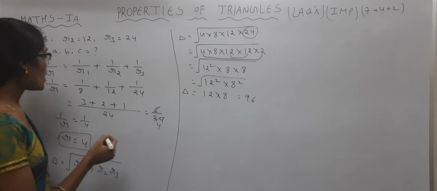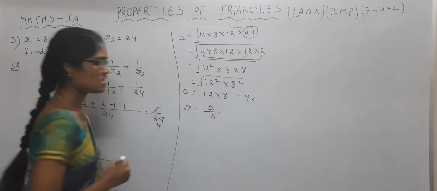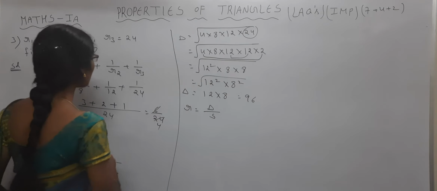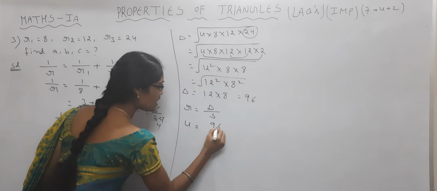Now go for the first formulas. Here, r is equal to delta by S. Now we want the S value. The r value is 4 and the delta value is 96.